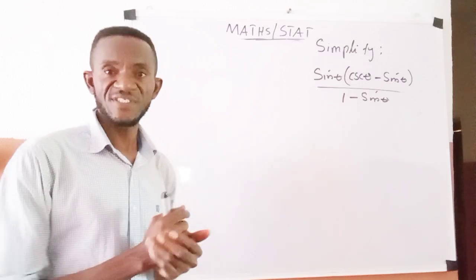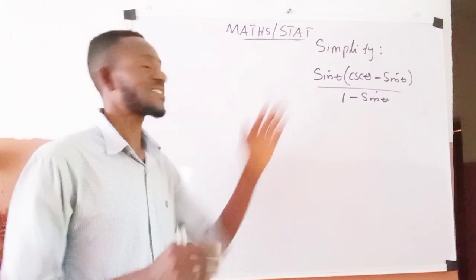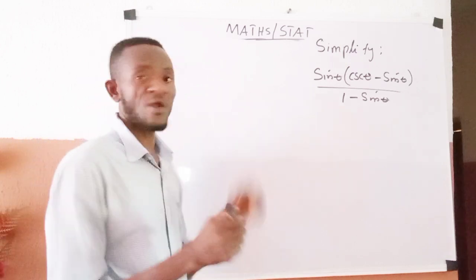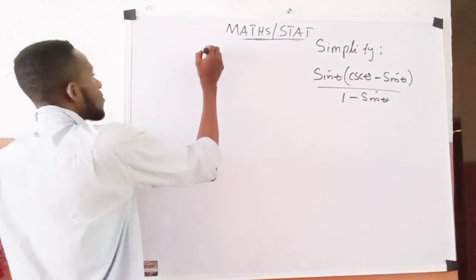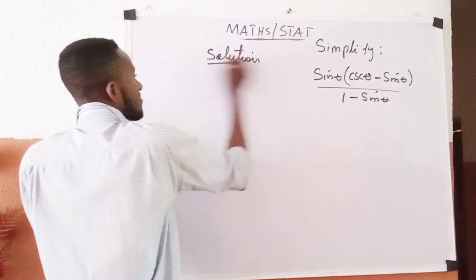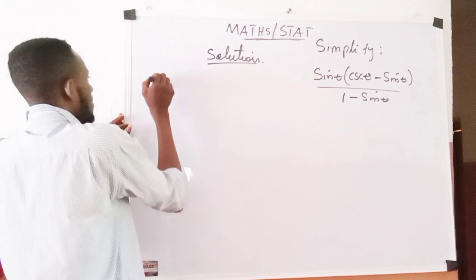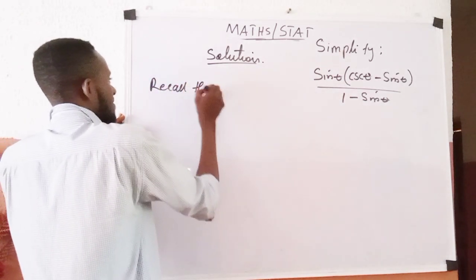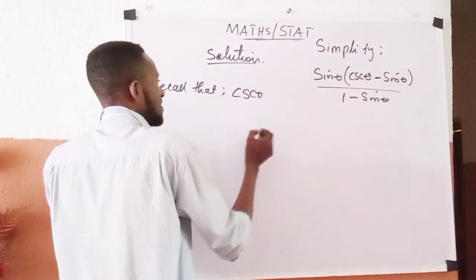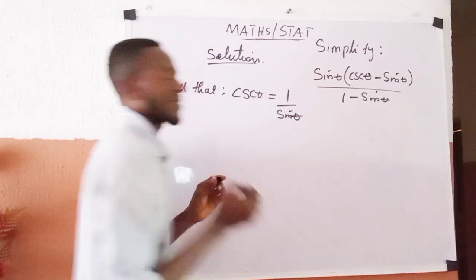For us to solve this problem, first of all, we have to remind ourselves what sine theta and cosec theta are. By way of solution, I will now say, recall that cosec theta, which is CSC of theta, is given as 1 all over sine theta.